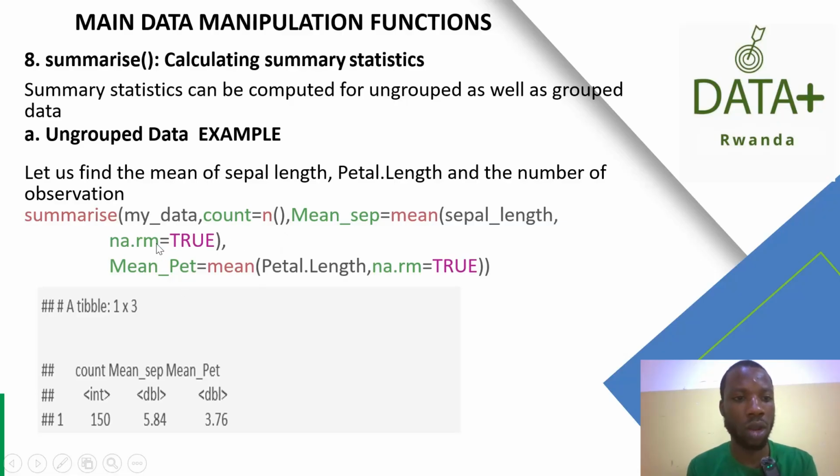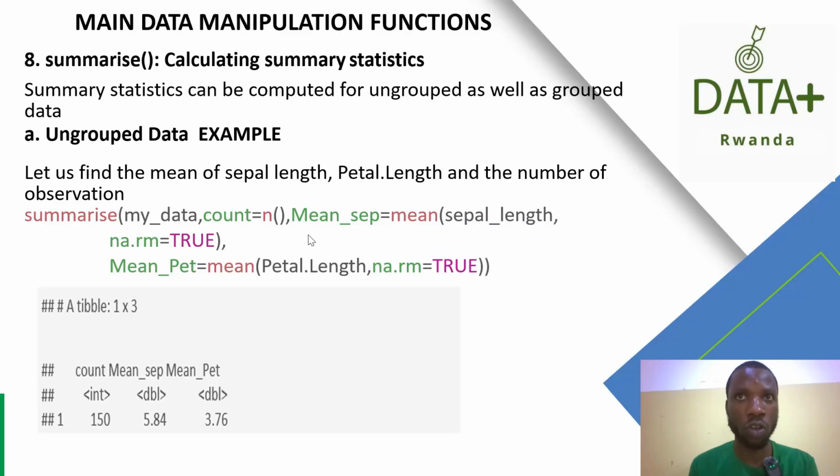That's why we normally need to omit those values when we are doing mean, mode, standard deviation, everything, especially when calculating summary statistics.